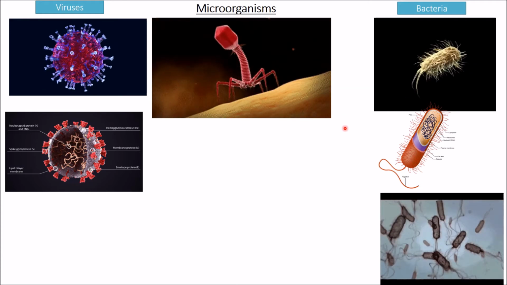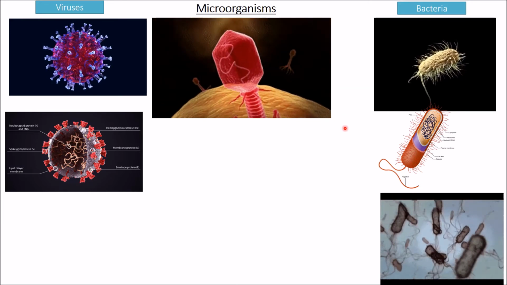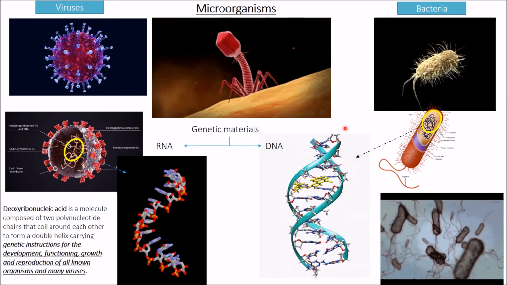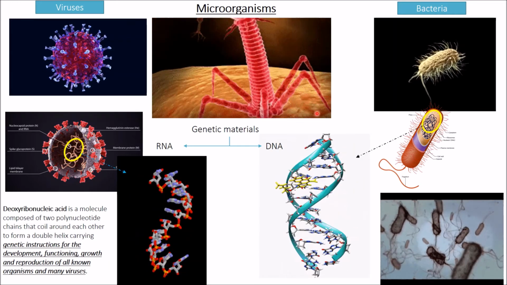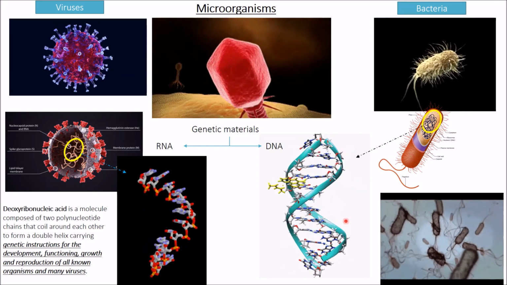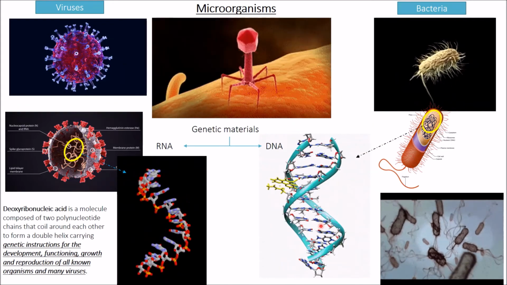But the thing we should all consider is that both bacteria and viruses, in fact all microorganisms and all living beings on this planet, have these things inside. The bacteria and most other living beings on this planet have double helix DNA inside.